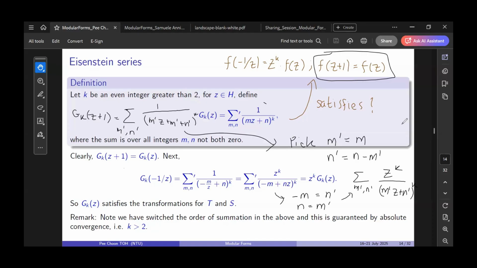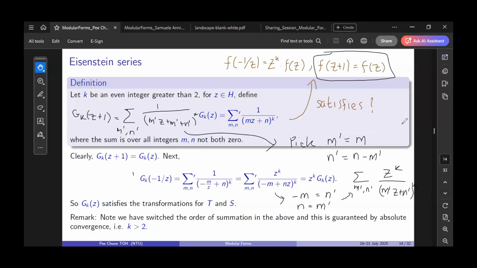So this one is more clear that this is the same, right? We use m' and n', but m' and n' are also all pairs of integers that are not both 0, which is g_k. And since the numerator is z^k, we can write it like this.